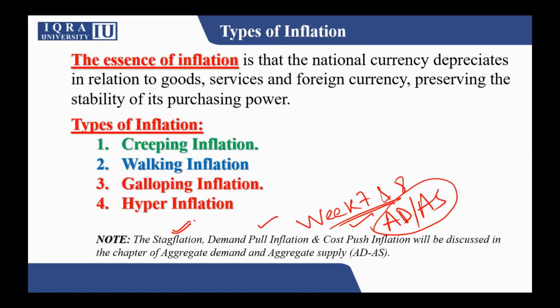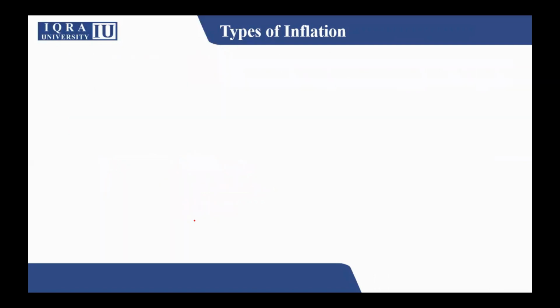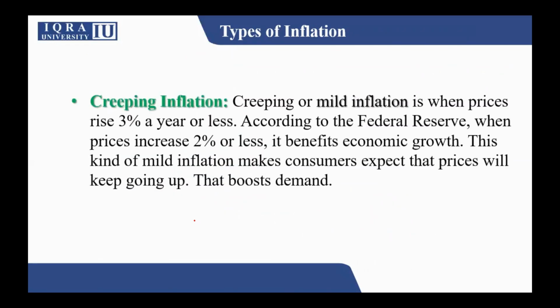Now, we are going to go through creeping inflation first. What is the definition of creeping inflation? Remember this: creeping inflation, or mild inflation, is when prices rise 3% a year or less. According to the Federal Reserve, when prices increase 2% or less, it benefits economic growth.